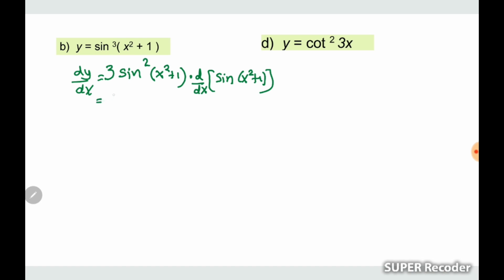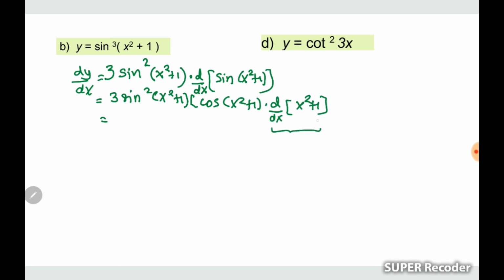So the answer is 3 sine squared of x squared plus 1. Differentiate sine, the answer is cos of x squared plus 1. Then you need to differentiate the inner one, that is u. What is u? X squared plus 1. So the answer is 2x.